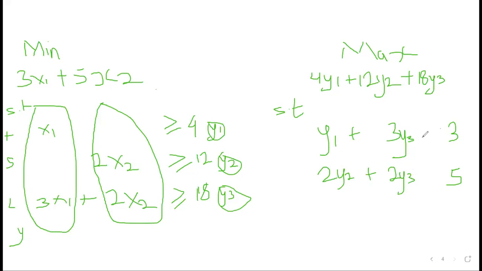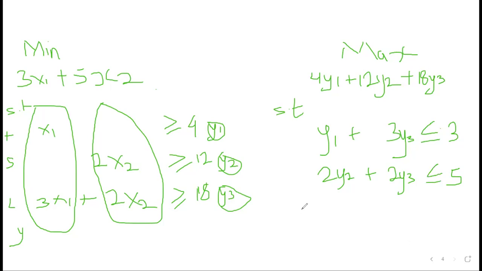Now, the last thing that will happen will be the changes in the sign. Because it is greater than or equal to, this time it will be less than or equal to. And this will also be less than or equal to.